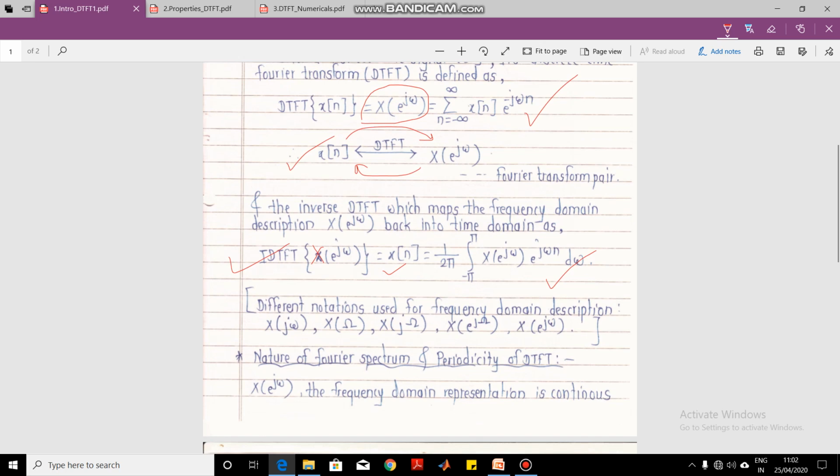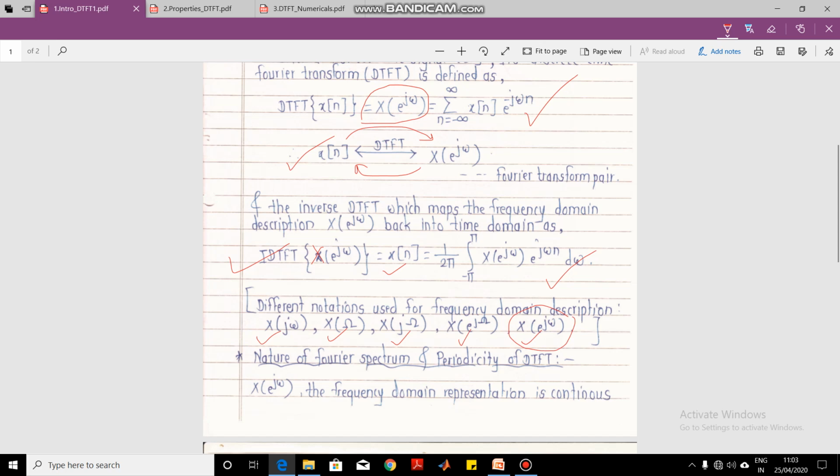There are different notations used for describing this frequency domain relationship. We can write it as X(e^{jω}), or X(Ω), where Ω is the frequency variable. We can write it as X(jΩ), X(e^{jΩ}), or X(e^{jω}). This last one is the most popular notation, so we have used X(e^{jω}) here.